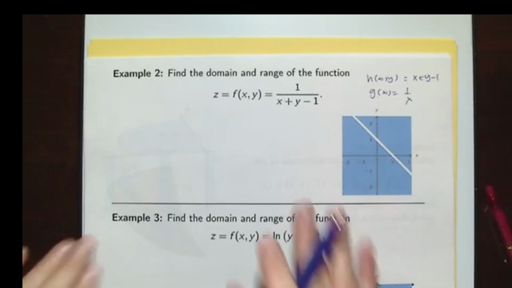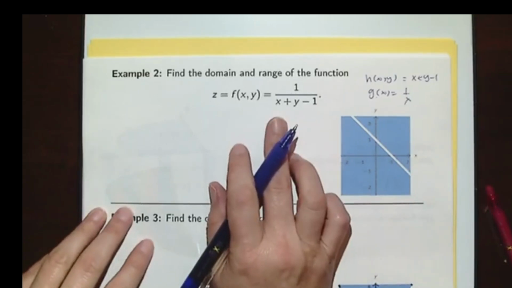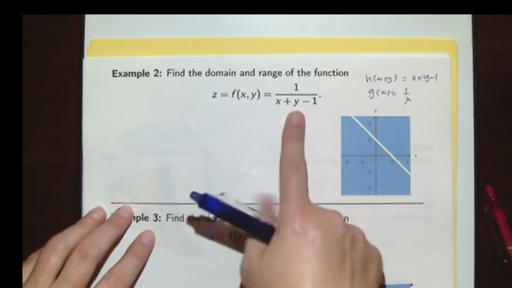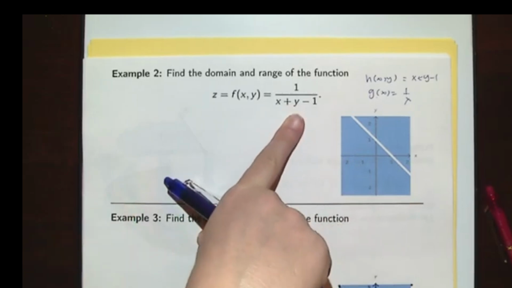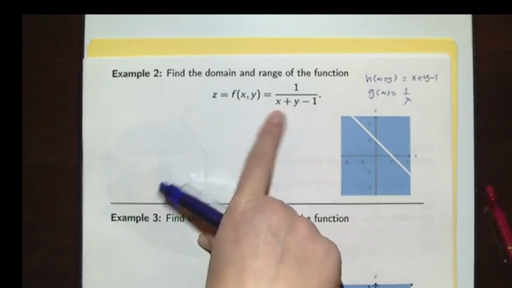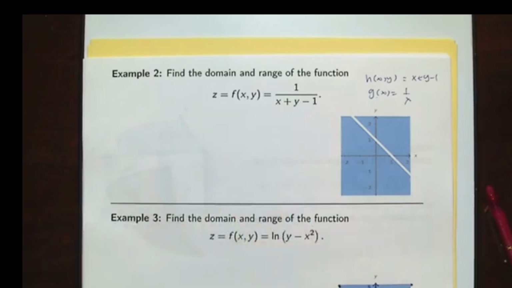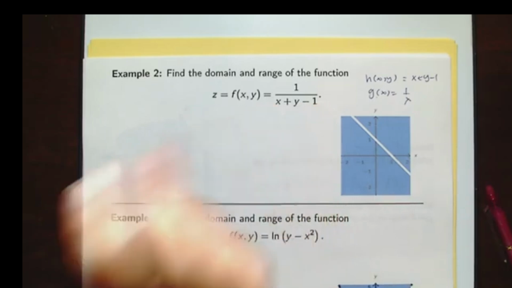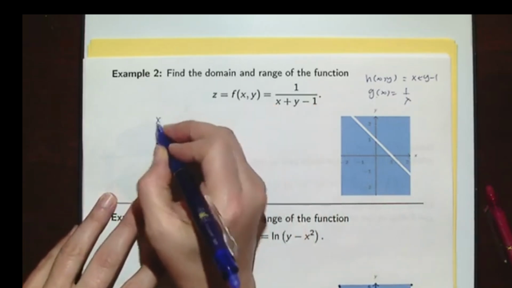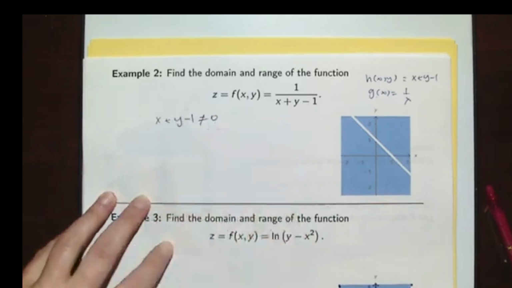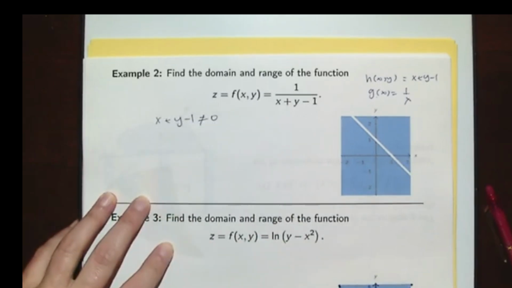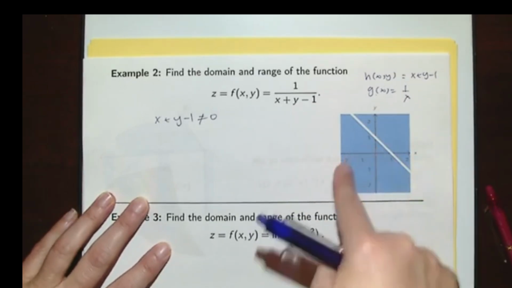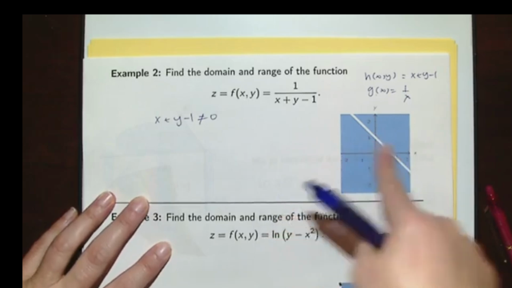Now let's go back. What is the domain of this function? What value can I not plug in? 0 for the denominator, right? So when the denominator is 0, it's not good. So I want the denominator not to be 0. The reason this picture is here is because it's very difficult to draw this with pen.